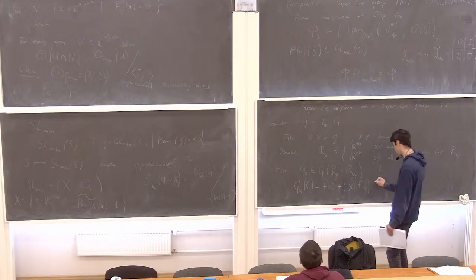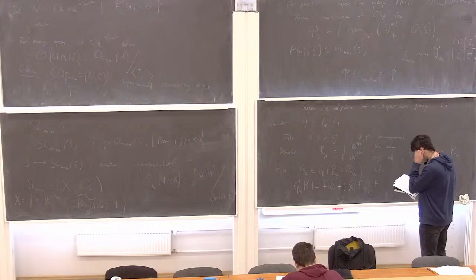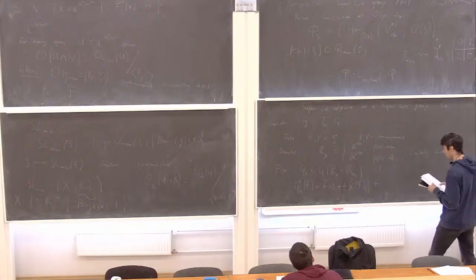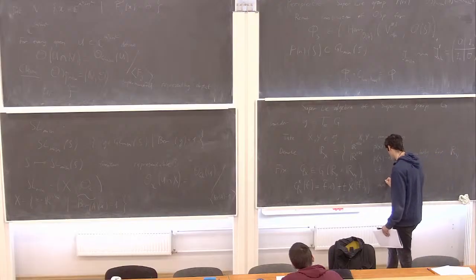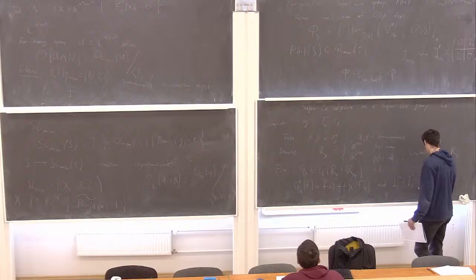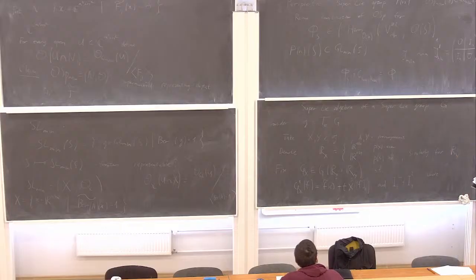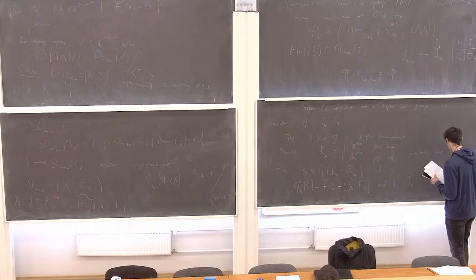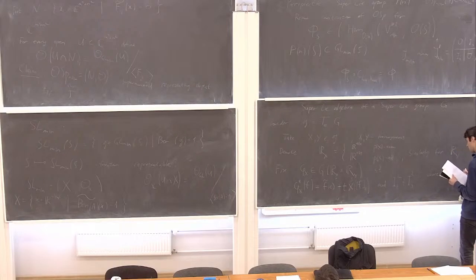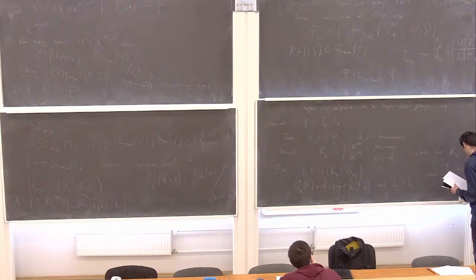And then plus something which is zero modulo I_t squared plus I_s squared, where I_t is just the ideal generated by t, and I_s is the ideal generated by s.